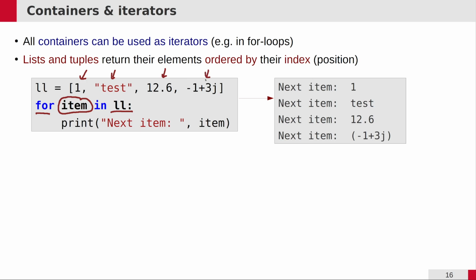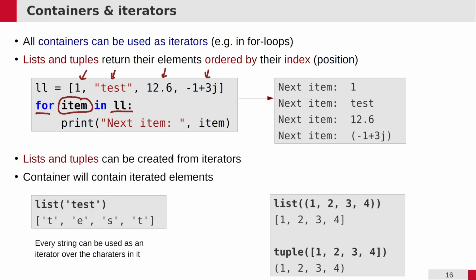So every iteration of the loop gives the next element under the name item. So that's super easy. Lists are ordered, so you would get exactly the elements in the same order as they are in the list. Whatever you can iterate over, you can also use to initialize or create lists or tuples.